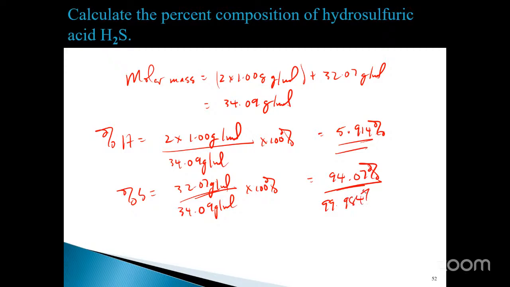So that's very close to 100, which means that the answers are valid. Not necessarily that they're correct, but they're valid, right? If you don't get 100% or close to it, then you know you made some error, and you'd have to go back and check where you made a mistake. All right. Okay. So that's as far as this is concerned.